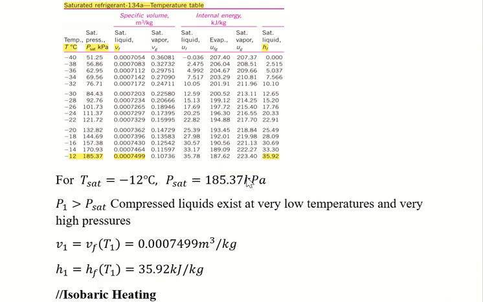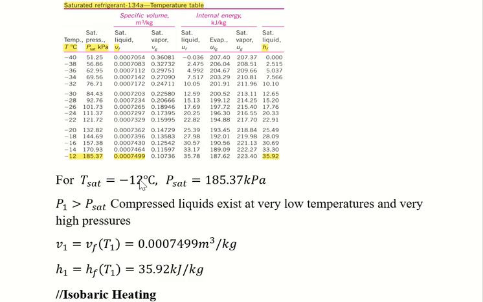Okay, it's compressed. But we have a problem because we don't have a compressed liquid table for refrigerant 134A. So what are we going to do? We're going to take the properties at this given temperature, but only the properties of the liquid.